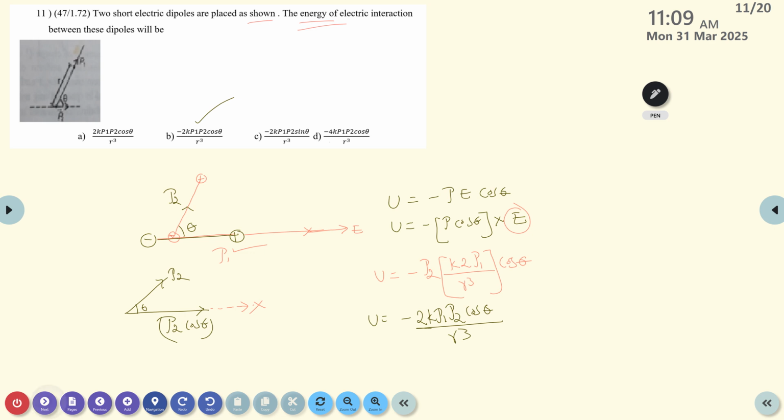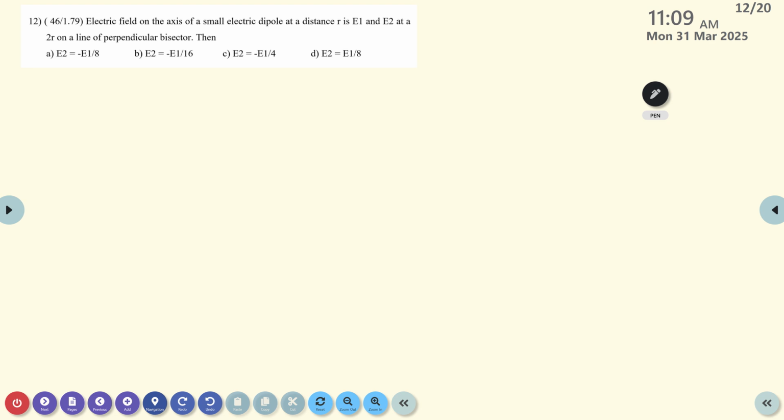Okay, fine. Next, electric field on the axis of a small electric dipole at a distance R is E1, and E2 at a distance 2R on a line perpendicular bisector. Read carefully. This is the axial line.